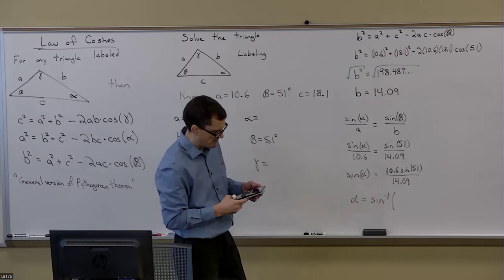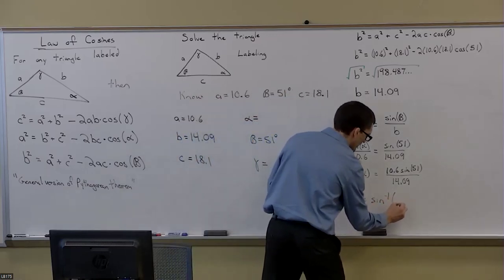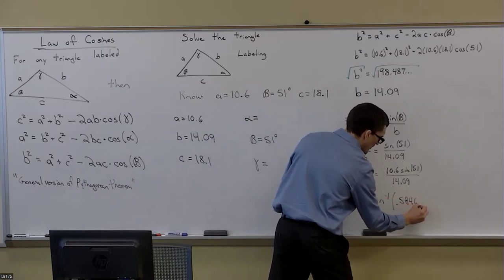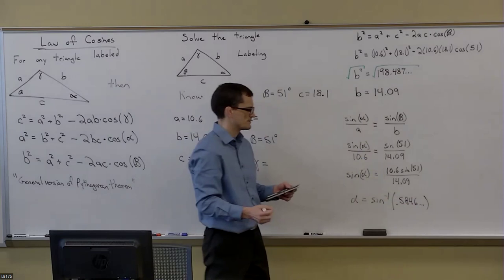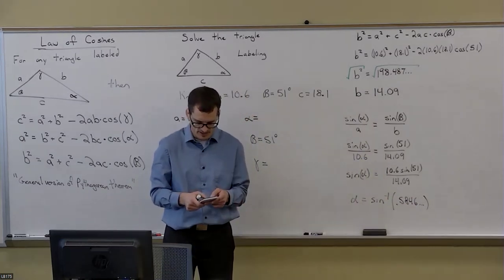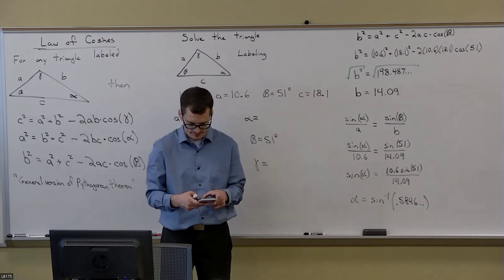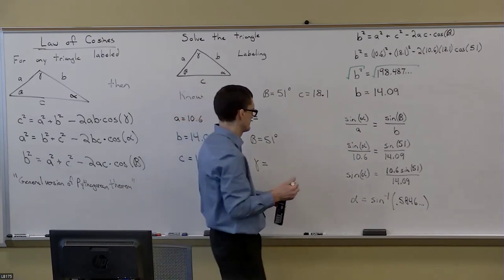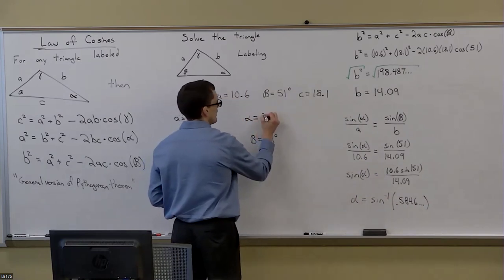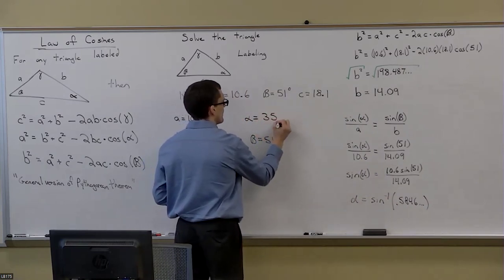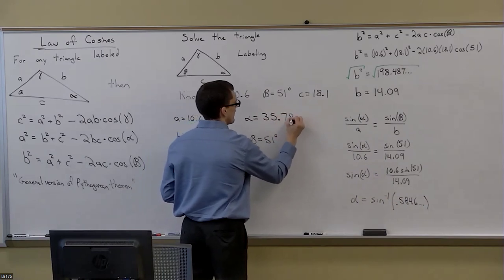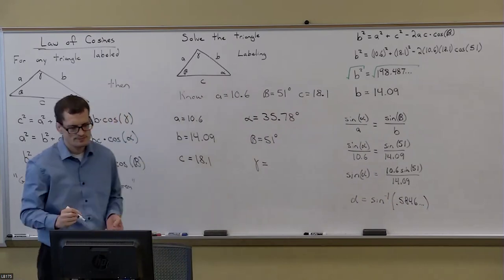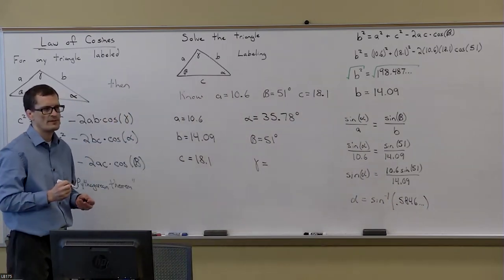That's about 0.5847. And then I'll take the inverse sine of that answer. And I got 35.78. So my alpha is 35.78 degrees. Is that right?